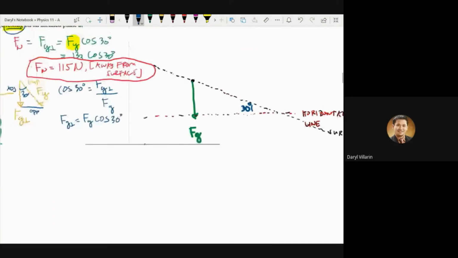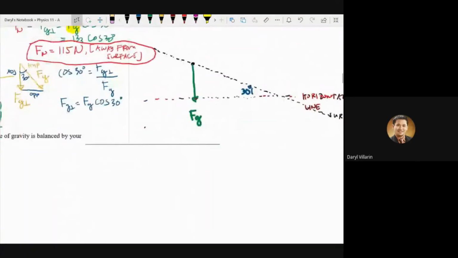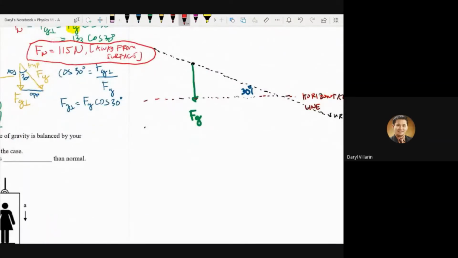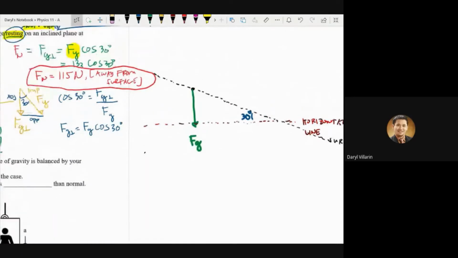Remember that your normal line is always perpendicular to the surface. So if I'm going to draw that one out, this would be my normal line, or the normal force.